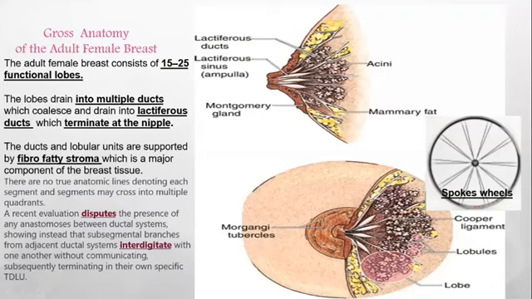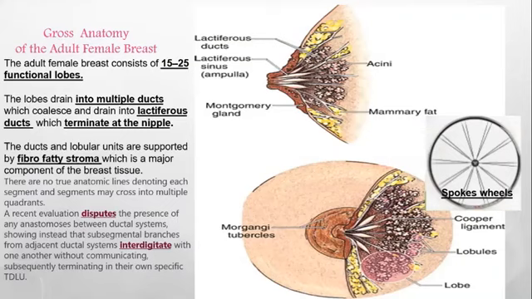Previously they believed that the segmental and subsegmental ducts were interconnecting, but current studies dispute this anastomotic effect, and they mention that they are only interdigitating due to lack of true anatomical separation.